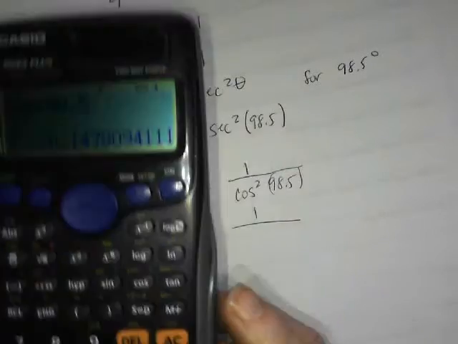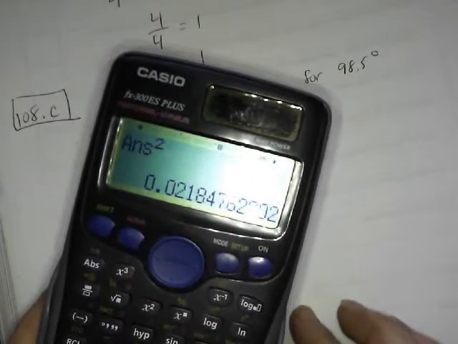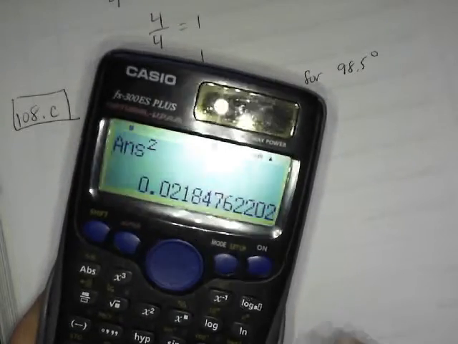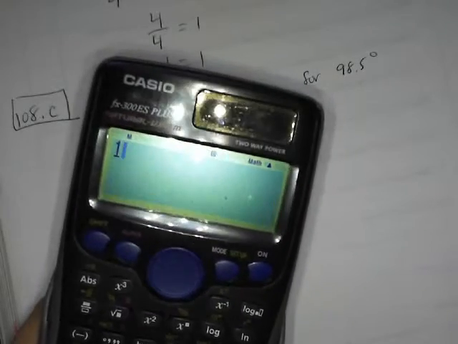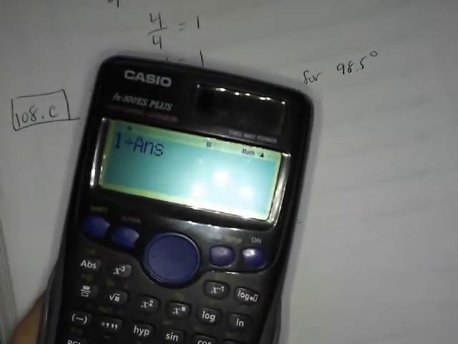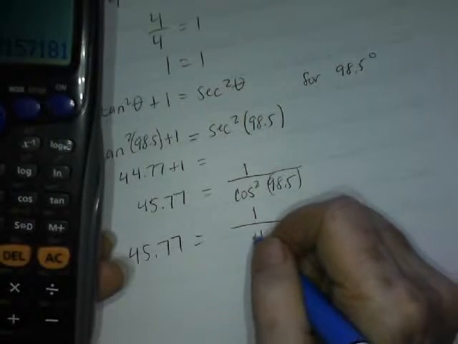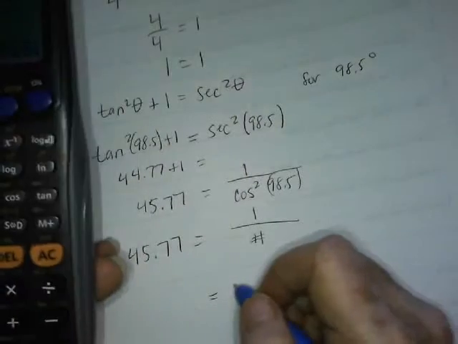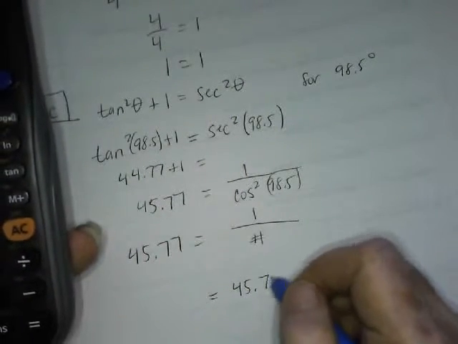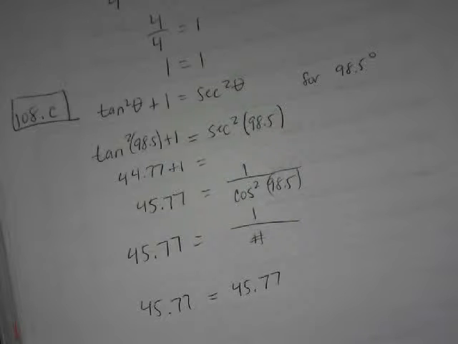Then I can square it with my square button, and I get that number. And then I'm going to say 1 divided by that number. Hey, it had a good ending. I can see that it turned out to be 45.77. So you have to show it like that on those. That was letter C.